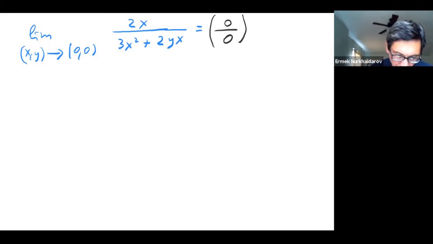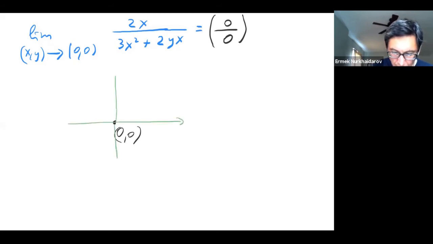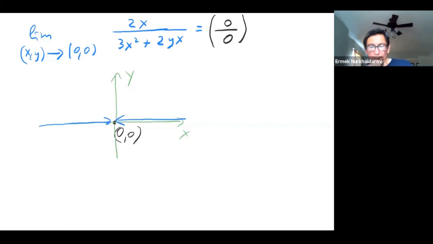We'll do a form. So we have our point with coordinates (0, 0). Right? So it's over here. Now we can approach this point, say, horizontally, right? We can approach it horizontally. y equals 0 horizontally.